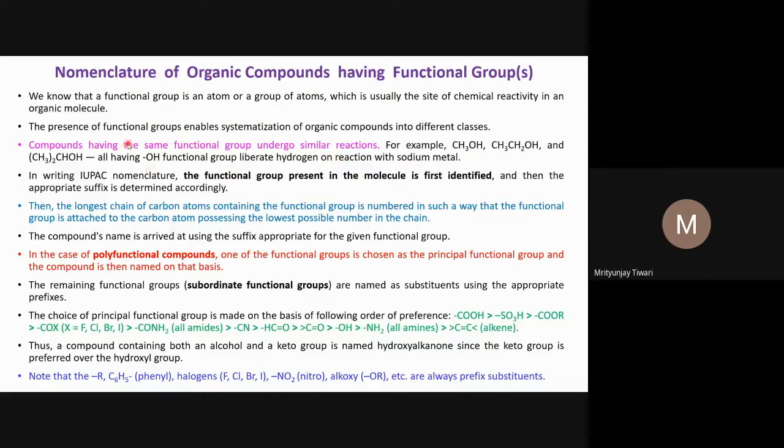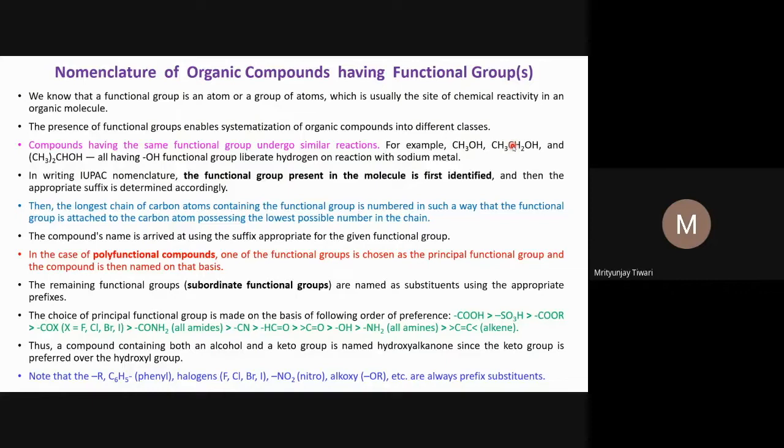And that is why the presence of functional groups enables systemization of organic compounds into different classes. Based on these functional groups, we divide organic compounds into different classes. However, there are also compounds which contain many functional groups. In that case, we look at the reactivity order of the different functional groups.